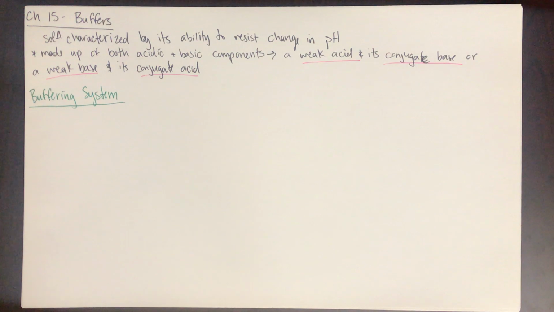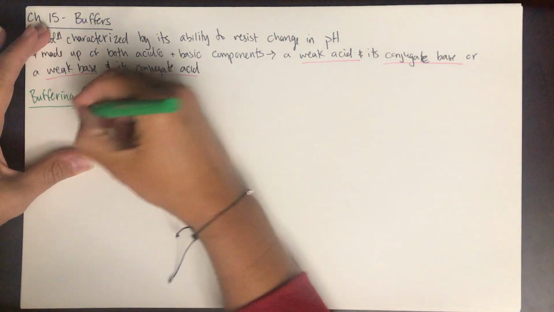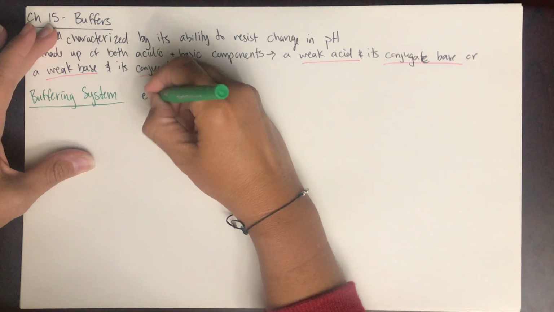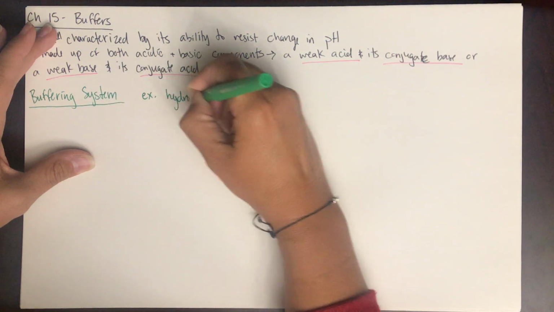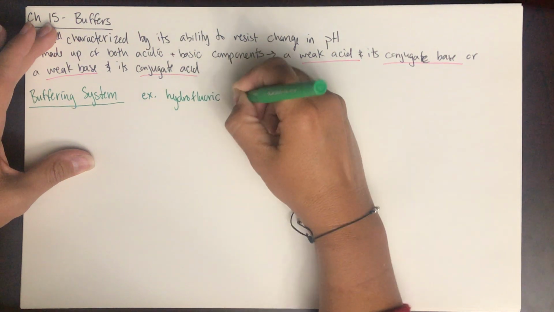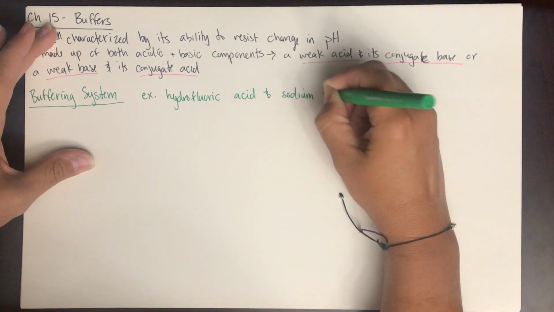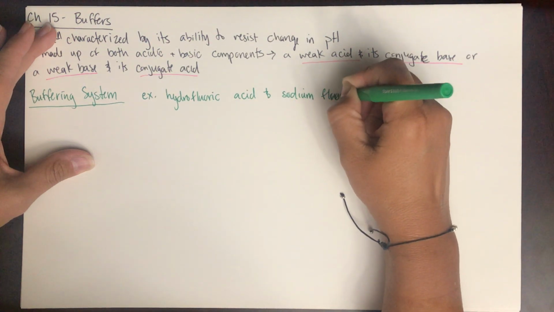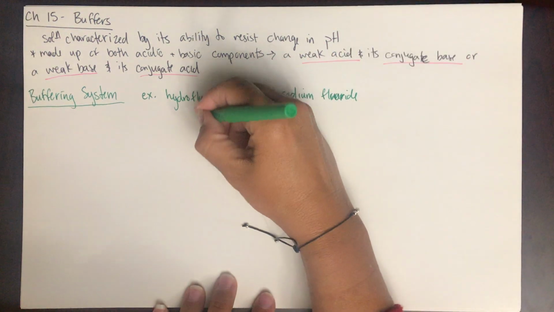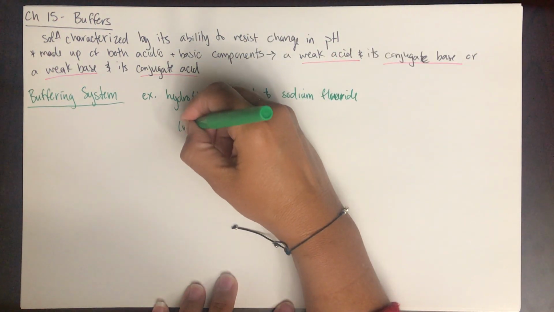And usually you'll have either an acid or a base, and then the conjugate of that acid or base would be in a salt. So for example, a buffering system would be maybe hydrofluoric acid and sodium fluoride. Hydrofluoric acid, HF, is a weak acid.